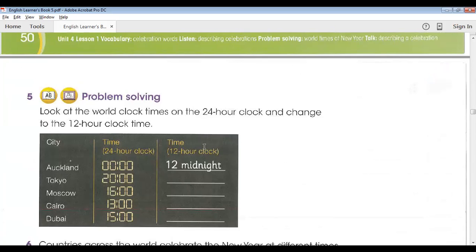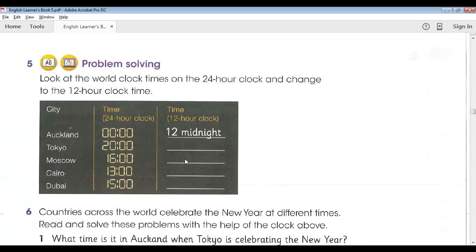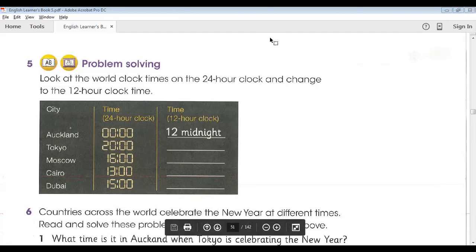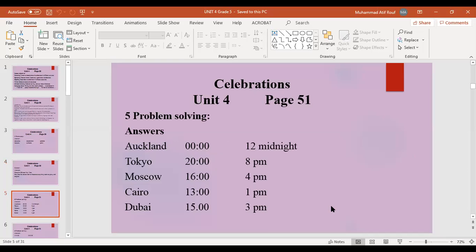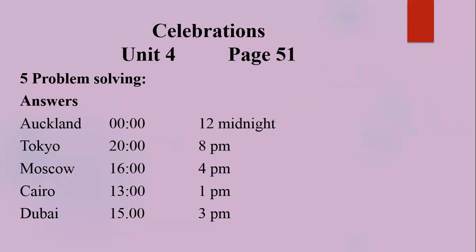Then we talked about the 24-hour time format, and we discussed how we can write it. So this is 10 o'clock, this is 4 o'clock, this is 1 o'clock, and this is 3 o'clock. You can see the answers on your screen as well.